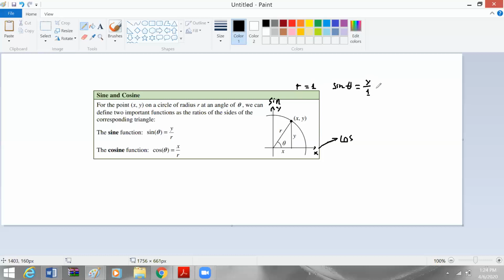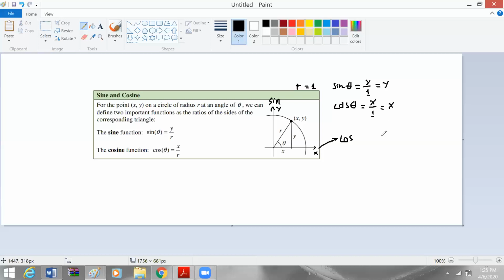So this is what we have for y. Similarly, the cosine of theta is when we take the adjacent over the hypotenuse. In this case, the adjacent is x, the hypotenuse is r, and r equals 1, so the answer for that will be equal to x as well.